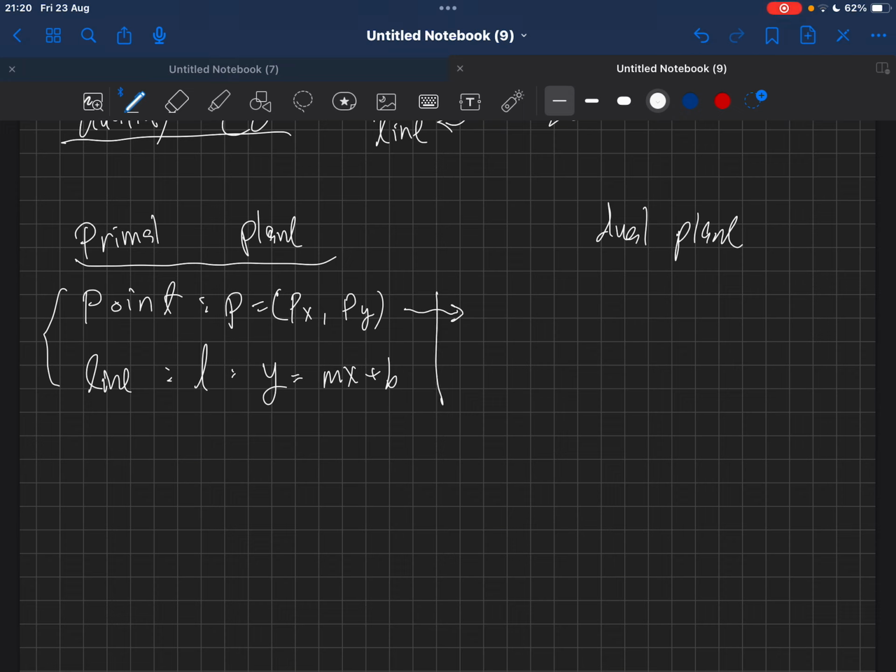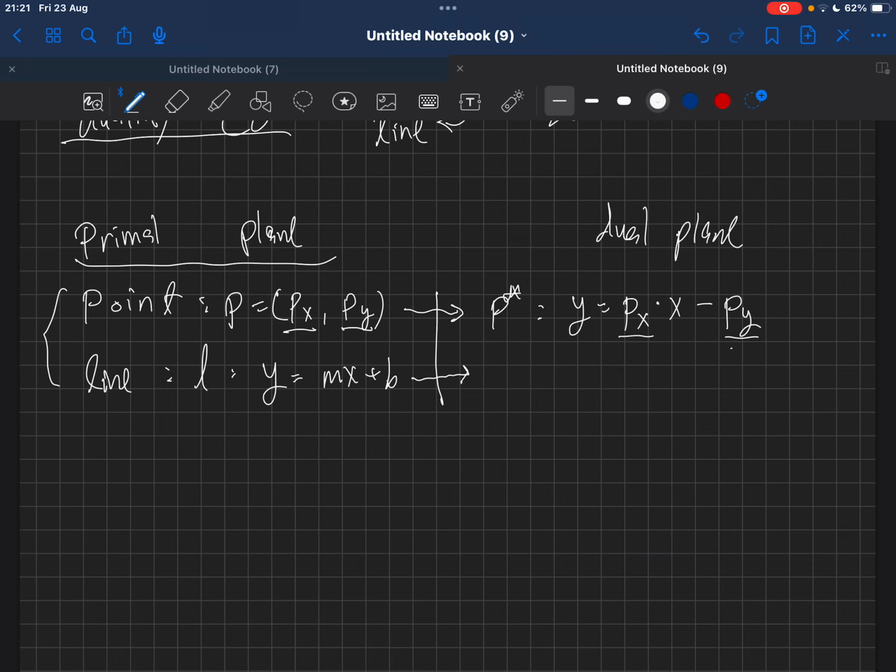In the dual plane, a point is translated to a line. Let's call it p tag, which will be y equals px times x minus py. So you see how I translate this point from the primal plane to a line in the dual plane using the px and the py.